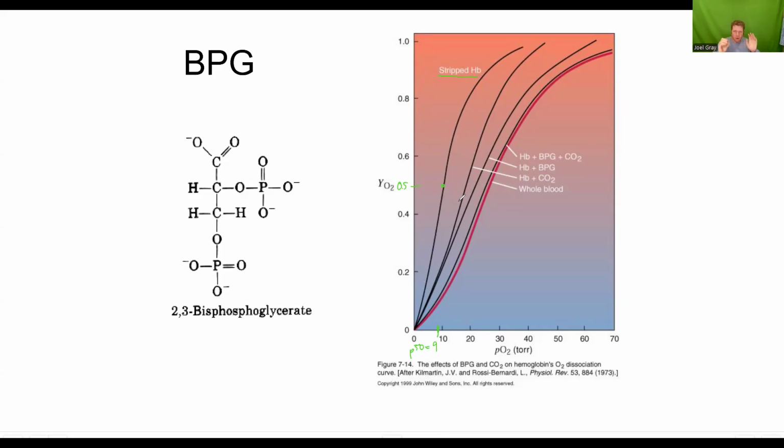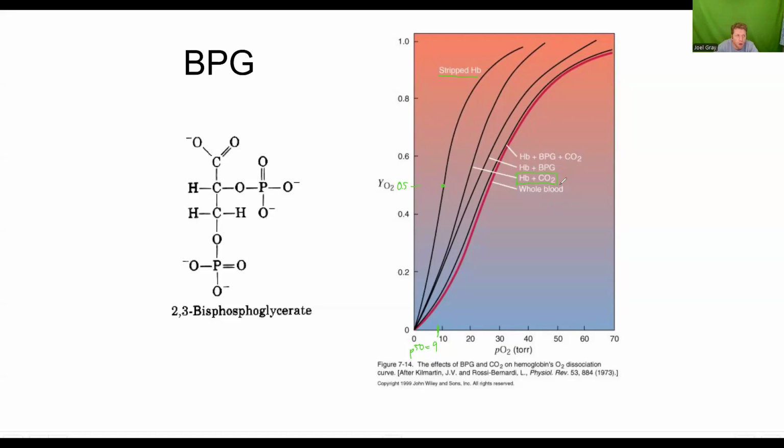I'm going to put a box around Hb plus CO2. So this is purified hemoglobin, carbon dioxide, and oxygen. There's no carbonic anhydrase here. So what that means is we're not seeing the dramatic drop in pH that's caused by the carbonic anhydrase reaction.